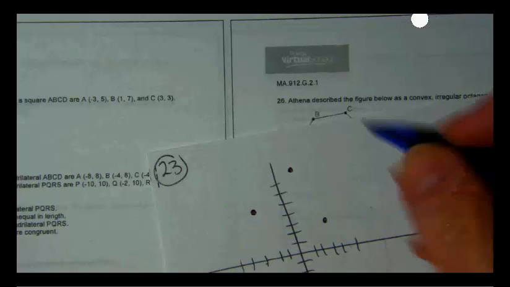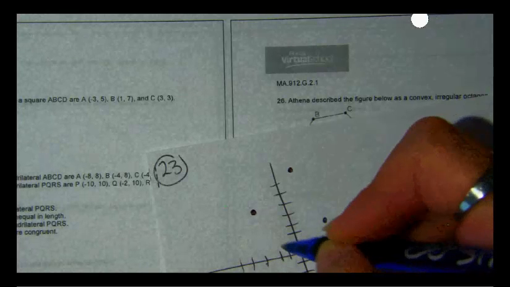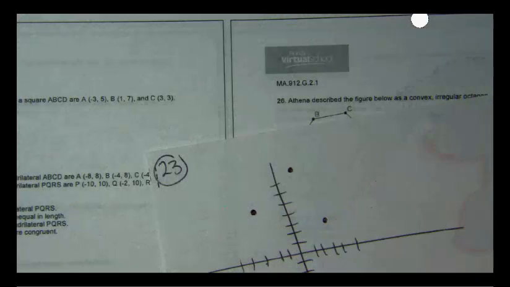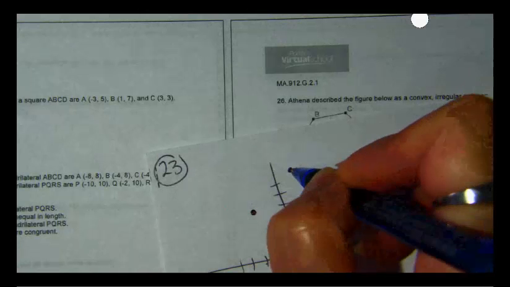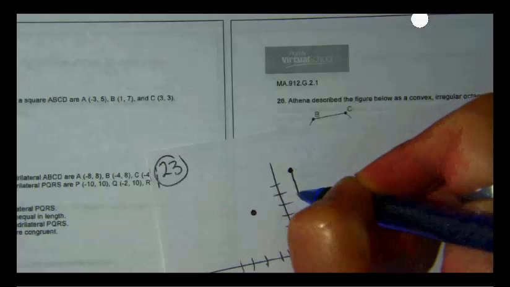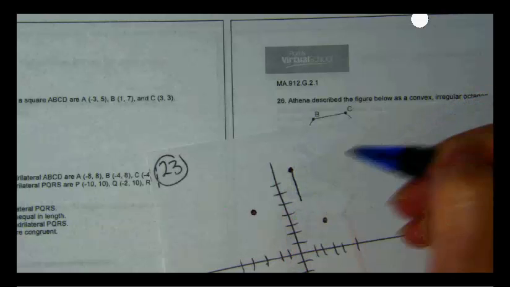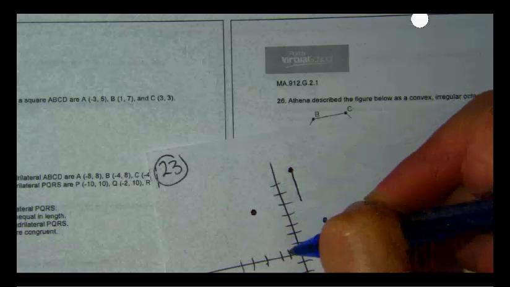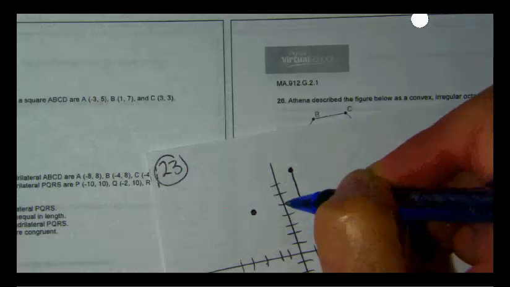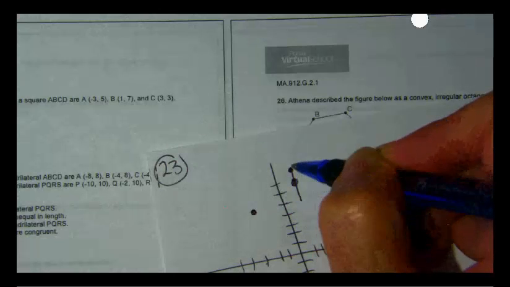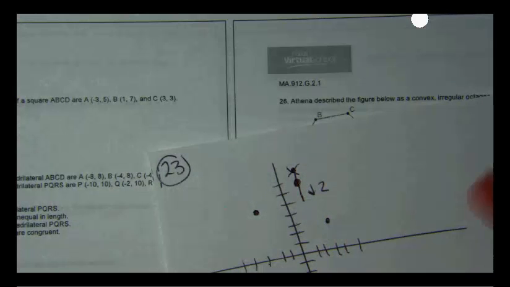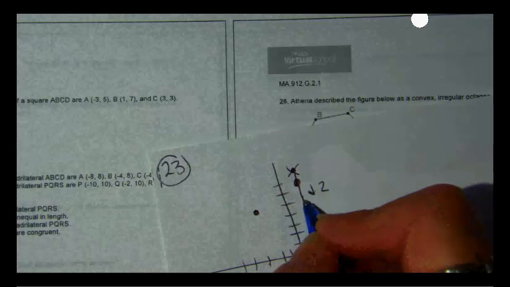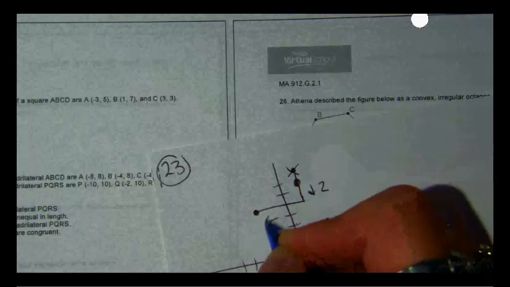And then some unknown here, right? Well, to go from 7 to 5, I go down 2. And then to go from 1 to -3, I go over 4.